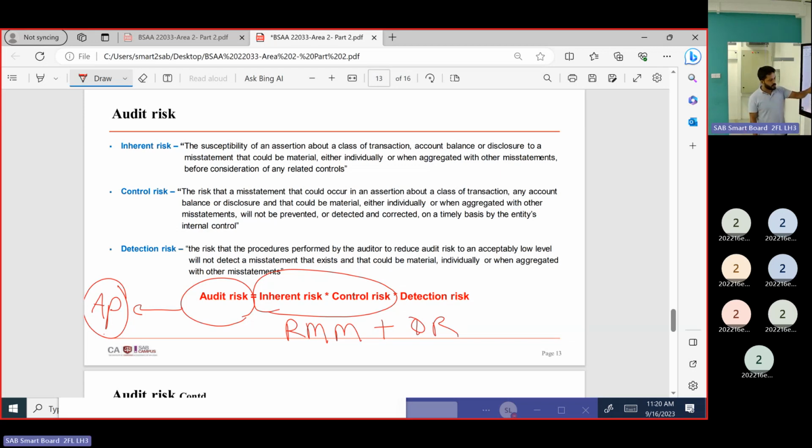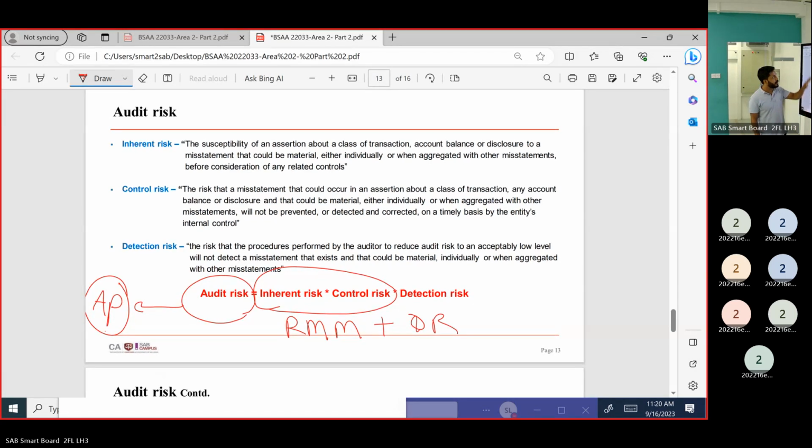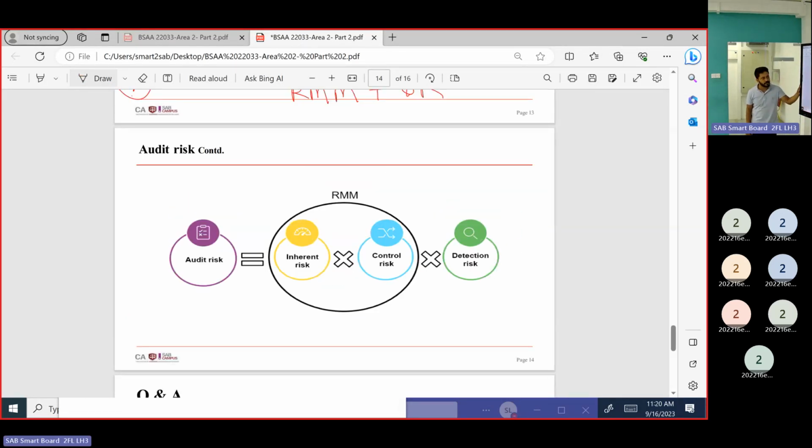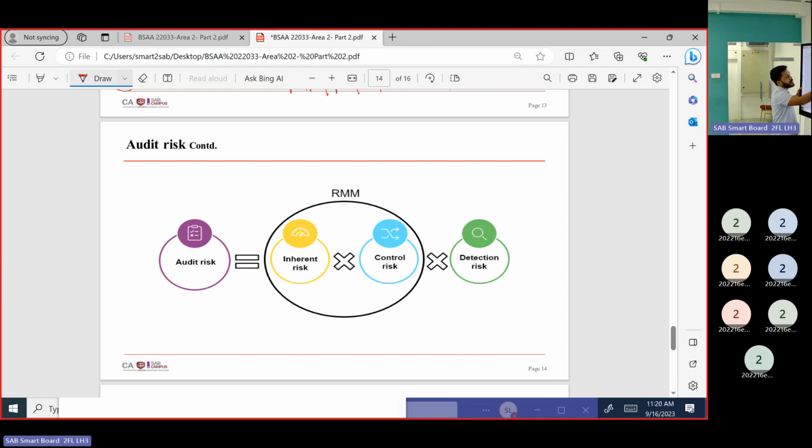The relationship: audit risk equals inherent risk multiplied by control risk multiplied by detection risk. Because of these three reasons, the auditor can issue a wrong opinion, as a result of the auditor's fault or the company's fault. On the company side, we can say it's the risk of material misstatement.